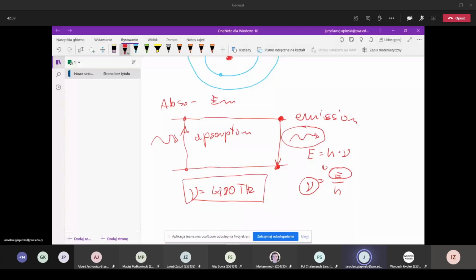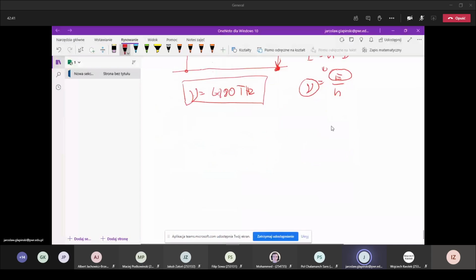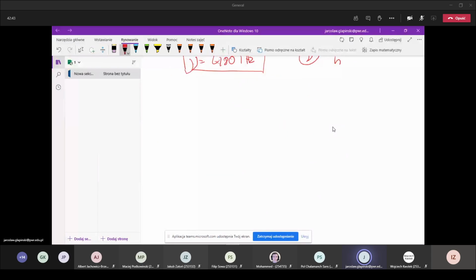This is one part, and another problem is the stimulation. This is another part of the word laser. Stimulated emission.